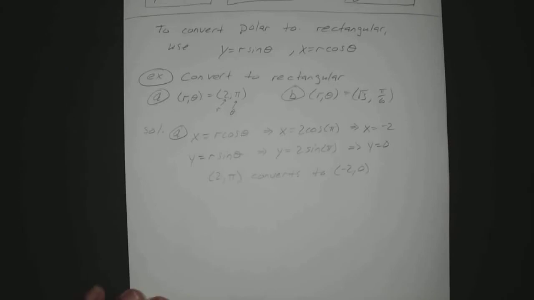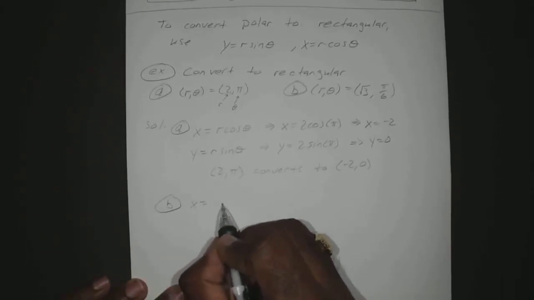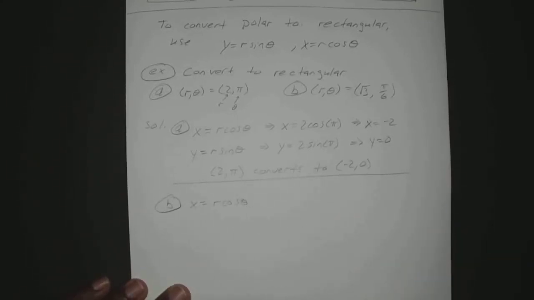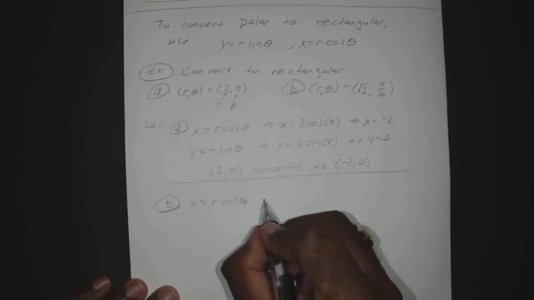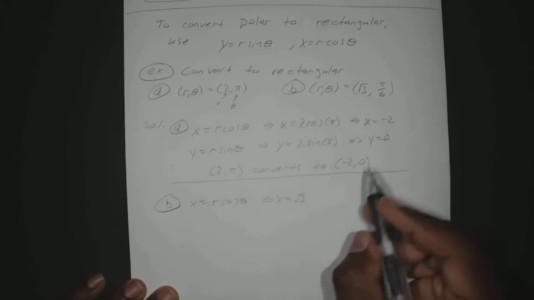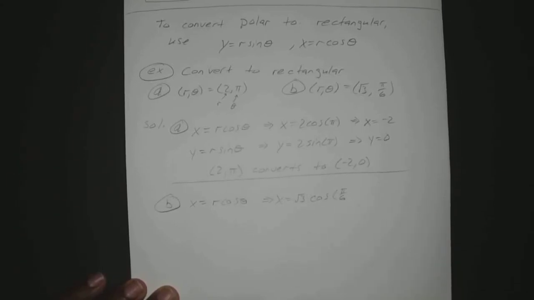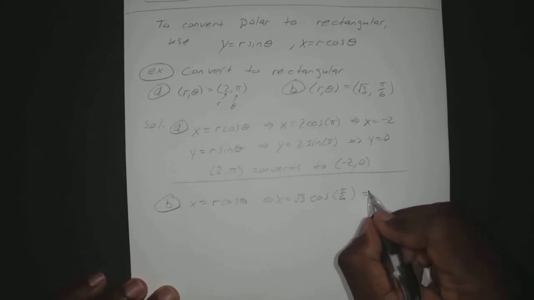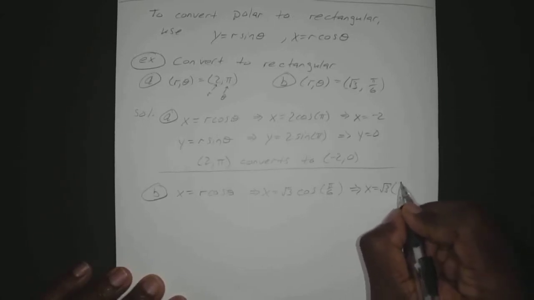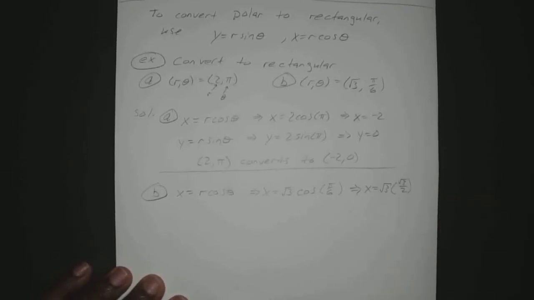Okay, so let's say for B, our x is equal to r cosine of theta. That means x is equal to square root of 3 cosine of pi over 6, which becomes square root of 3 times square root of 3 over 2, which is 3 over 2.